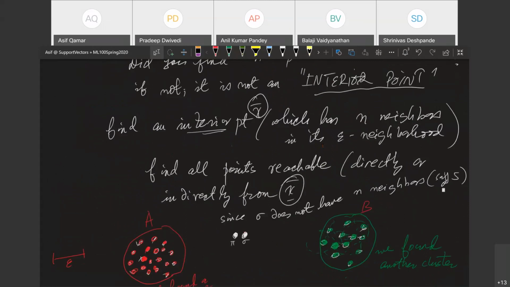But for n equal to 3 or more, pi and rho are not a cluster, they're outliers. And what we realize is that the shape of the cluster also tends to be quite sensitive to epsilon and n. So that was the weakness of DBSCAN: it's very sensitive to the hyperparameters.